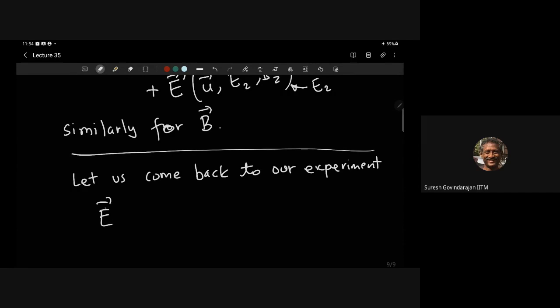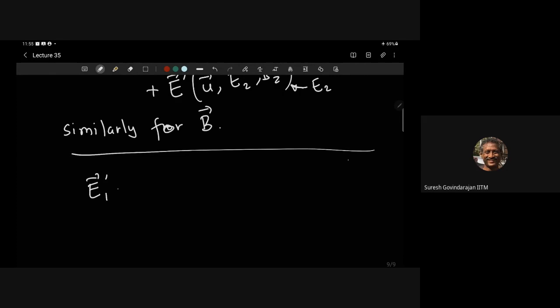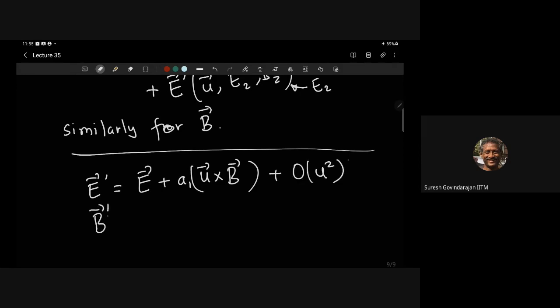Then E prime should be... let me actually not go back to our experiment and then write something. Okay, now let me just explain why I wrote something like this.